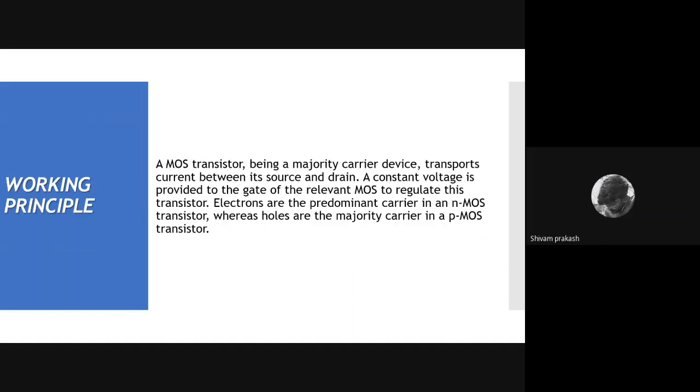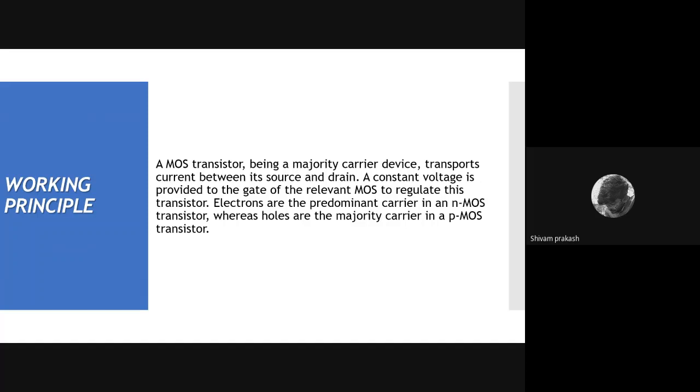Basically, our topic is MOSFET modeling, and the working principle is that the MOS transistor, being a majority carrier device, transports current between its source and drain. A constant voltage is provided to the gate of the relevant MOS to regulate the transistor.